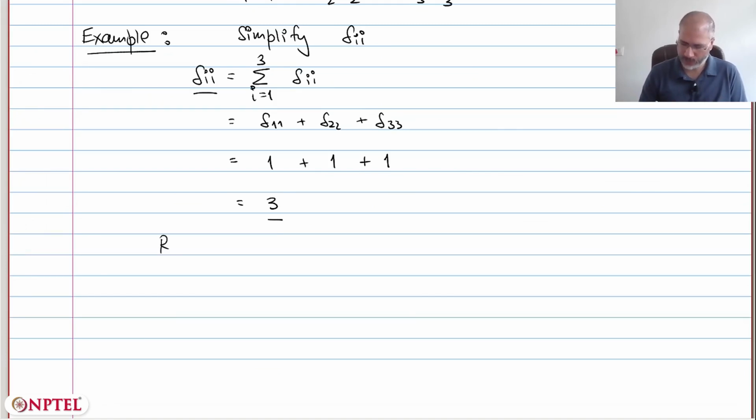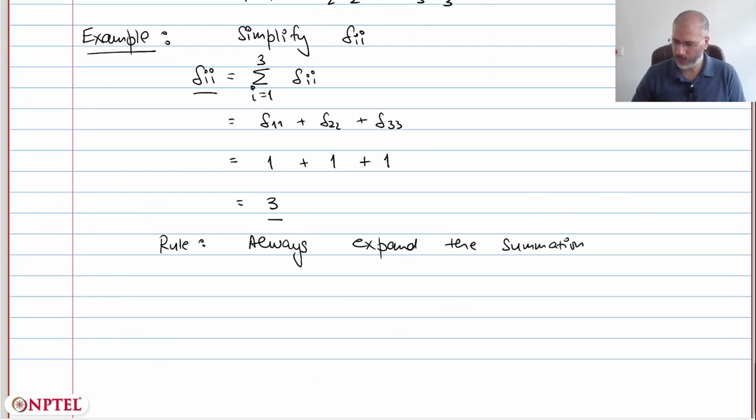So the rule says: always expand the summation first, then apply the definition.